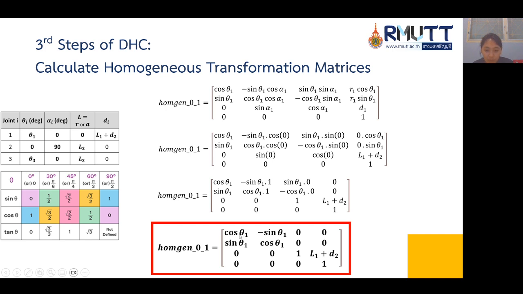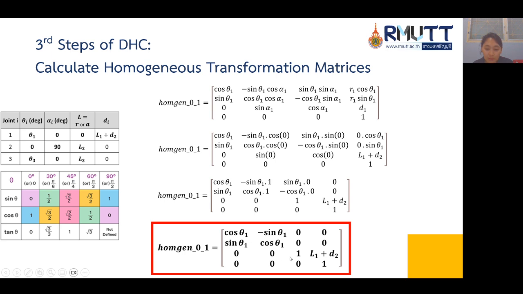The matrix is: cos theta 1 in the first row. The first row is cos theta 1, minus sin theta 1, 0, 0. And the second row, from the first element until the fourth element, is sin theta 1, cos theta 1, 0, 0.